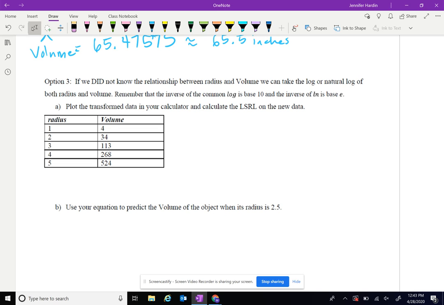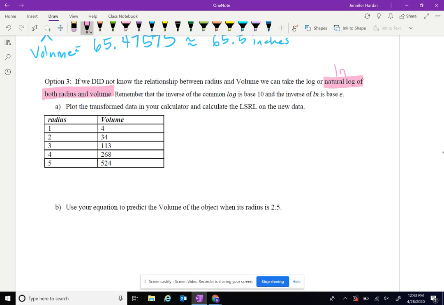Okay, and it doesn't really matter. I'm going to take the natural log of both radius and volume to be able to make them both turn into natural log stuff. They're going to become linear this way.